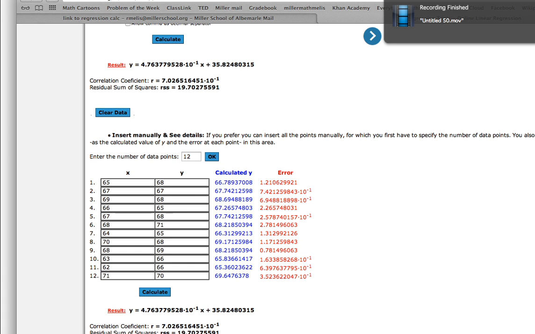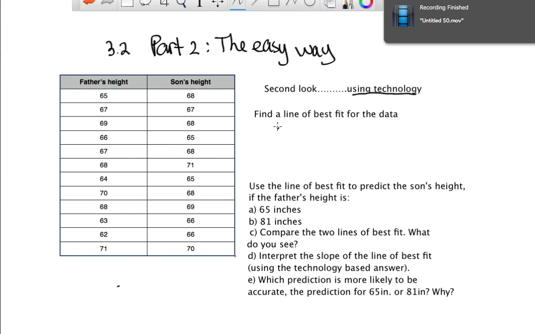Okay, so let's go back to the other screen. And what did they say? So they said that y should be, and I'm going to move the decimal, 0.476 x plus 35.82.